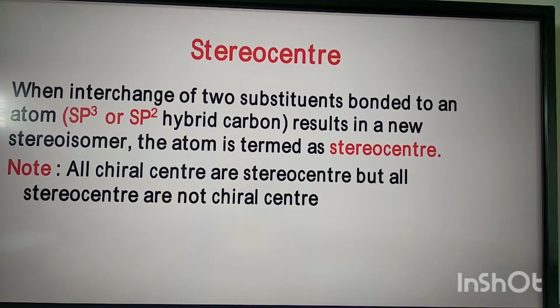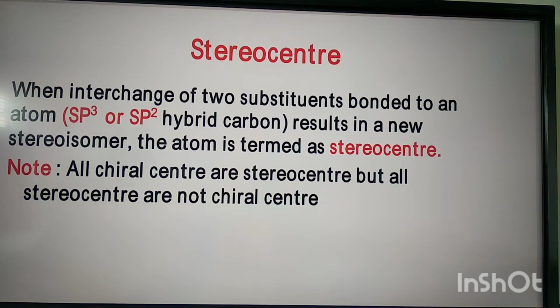So my dear student, what is stereo center? Let us see the definition. When interchange of 2 substituents bonded to an atom, that atom may be sp3 hybridized or sp2 hybridized carbon, which results in new stereoisomers, then the atom is termed as stereocenter.